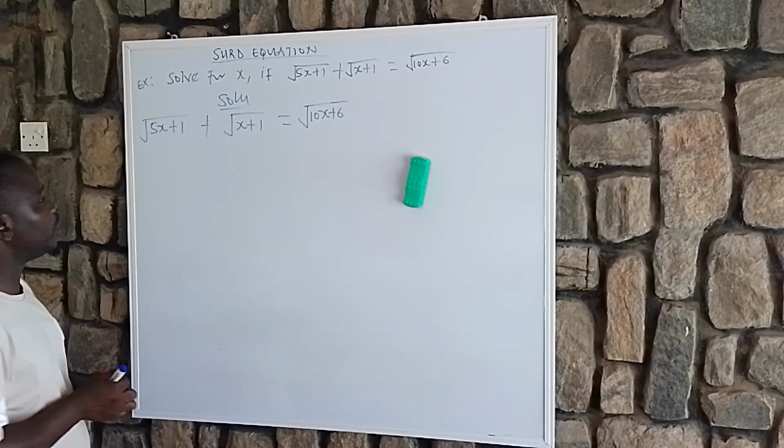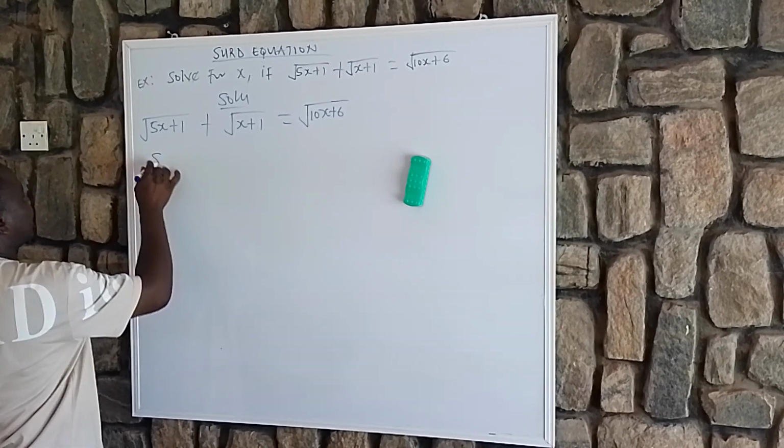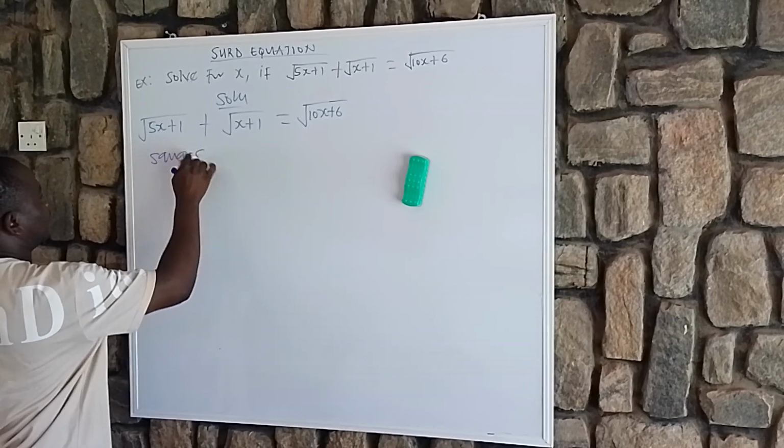What you first do is to square both sides. Square both sides.